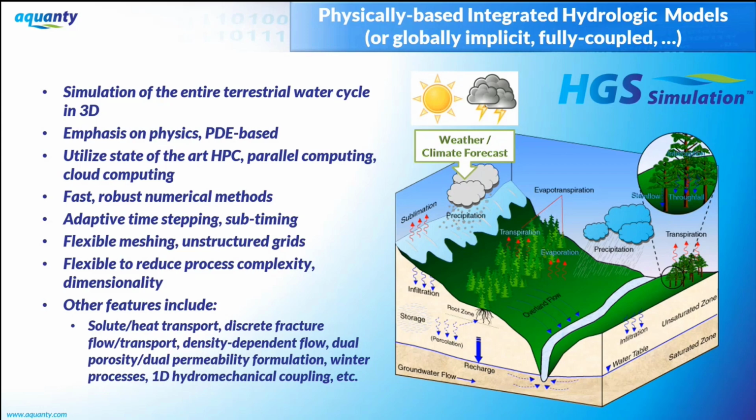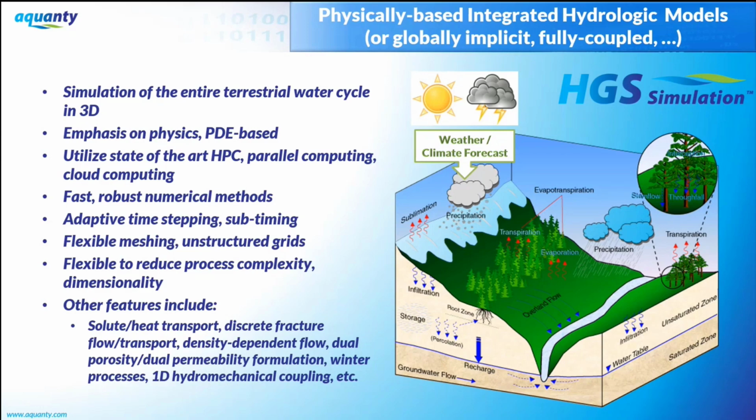The time steps are controlled internally by the model. So if you, for example, turn on a well or you have an intense rainfall event causing flooding, it will automatically cut time steps until the system starts to settle down. Then it will automatically increase time steps, and that can be user controlled.